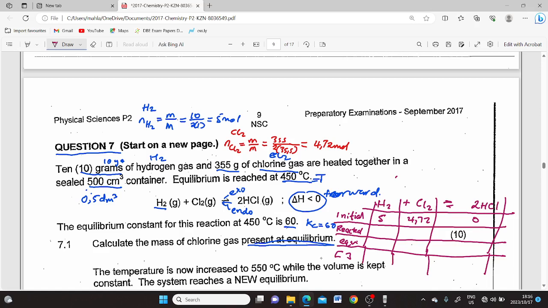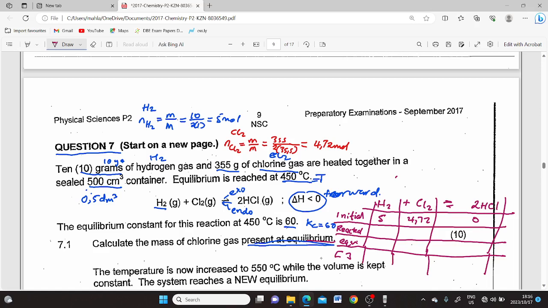So calculate the mass of the chlorine gas present at equilibrium. They want the mass of the gas present at equilibrium. So they said nothing about the contents at equilibrium. If they said nothing, we take the moles reacted as unknown, and we use the ratios here.